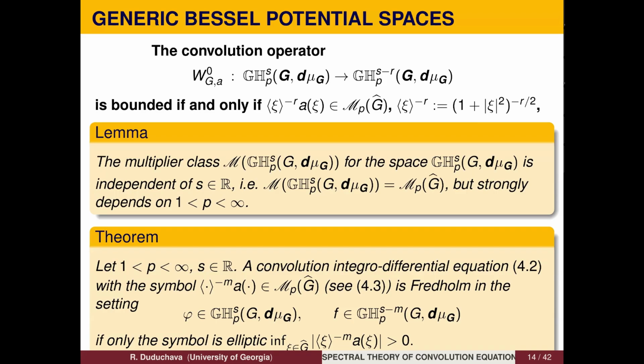Not if and only if. Elliptic means it does not disappear after multiplication by xi to the power minus m. Then it becomes a bounded symbol.